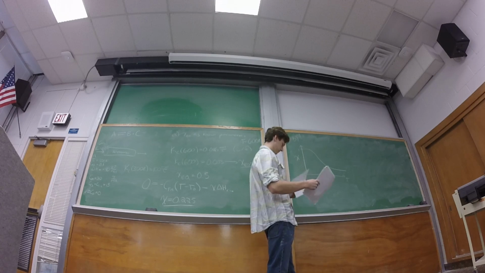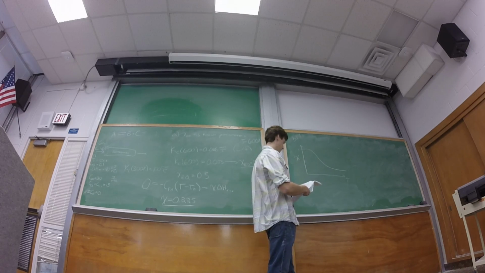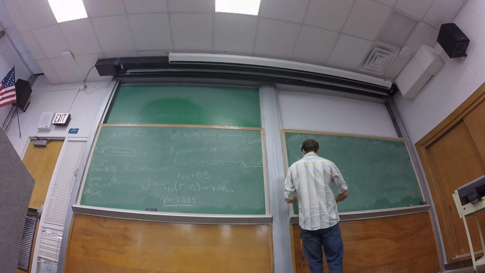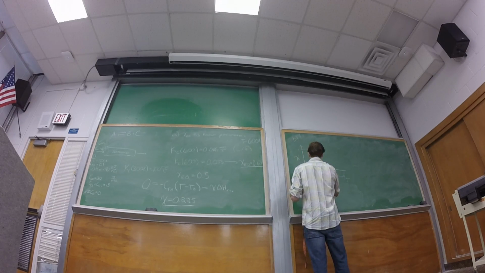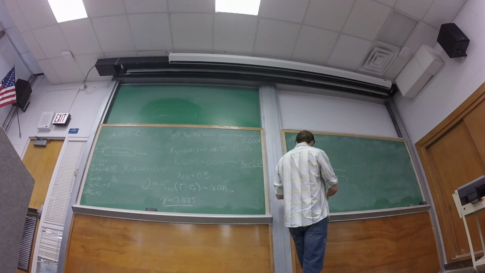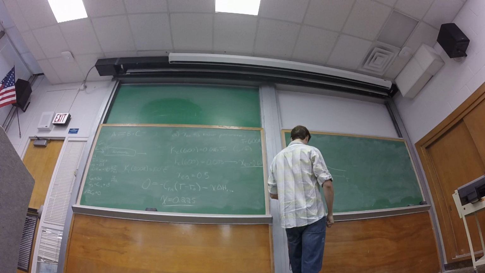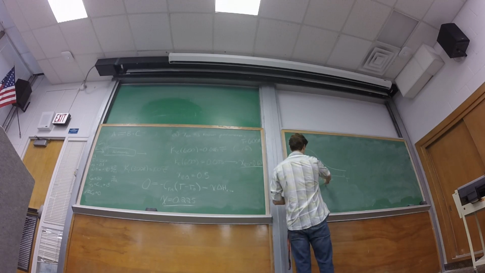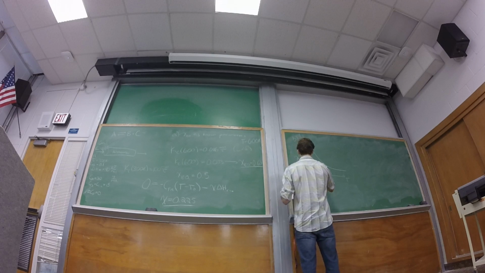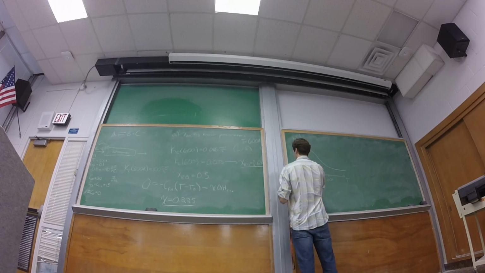So you know Kc at 300, Kc at 600, and you know the conversions corresponding to these two. So at 300, you get 0.225.